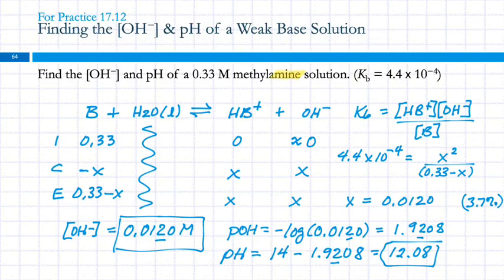To check if x is small, we can divide it by an initial. So to check whether x is small, I take what my x ends up being, and I look in this equilibrium expression, what am I subtracting x from? I need this to be less than 5% of what I'm subtracting it from, because if it's more than that, it introduces too much error.